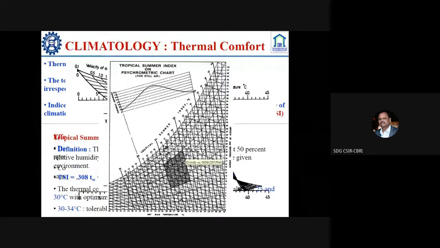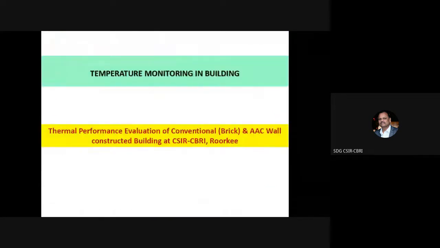This is given in the psychrometric chart of SP41, where we can see the human being with respect to the Tropical Summer Index. This is the Tropical Summer Index, and this is the percentage of dissatisfaction. This particular area is considered as thermal comfort, above this it is warm, below this it is cold. That is given in terms of degrees centigrade.